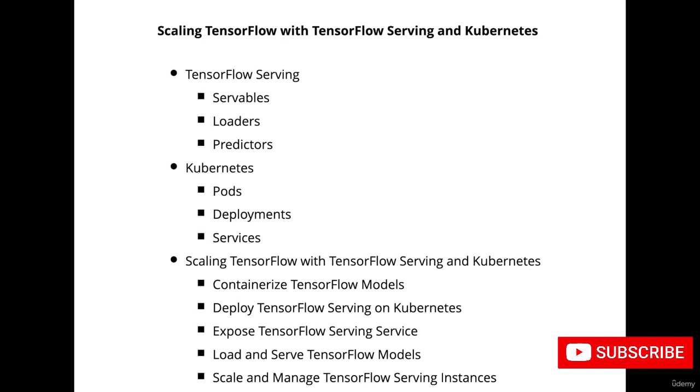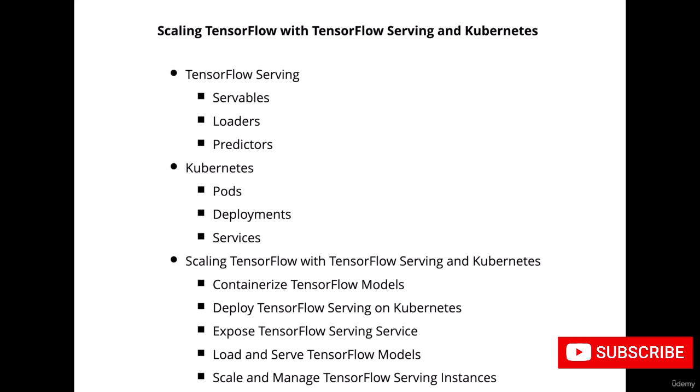Key components and features of TensorFlow Serving include servables. TensorFlow Serving organizes models into servables, which represent the different versions of a model that can be served. Each servable is associated with a unique version number and can be loaded and served independently.